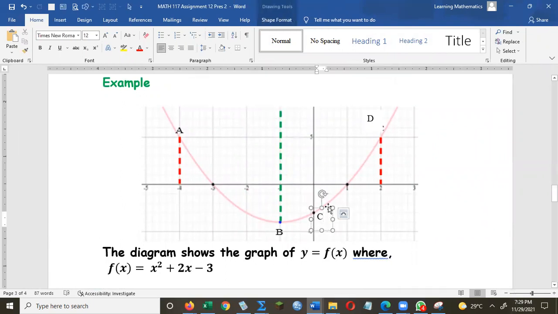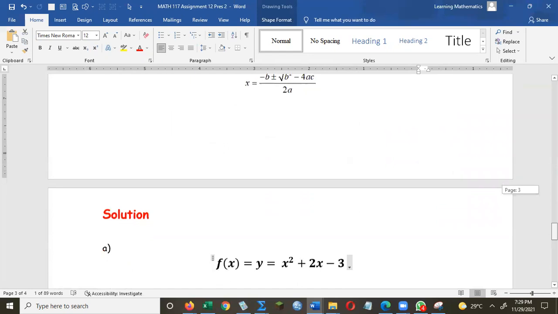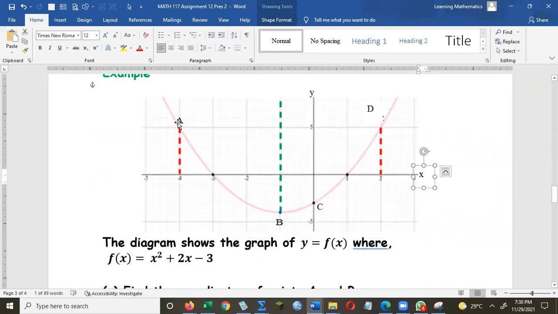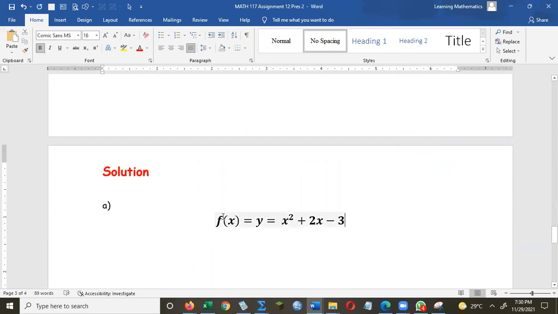Bear in mind, the y values are on the vertical axis, and the x values are on the horizontal axis. So it's very important to label the axes. Right, so we have -4 and 2 as our x coordinates. That's for point A and D. -4 and 2 are our x values. So that's the function we're going to use.